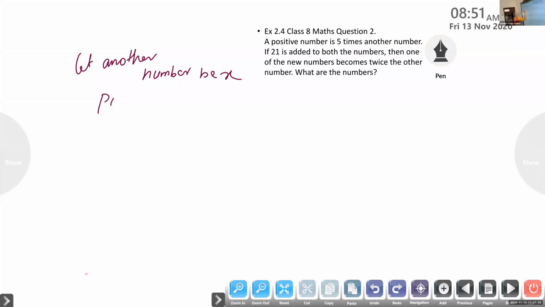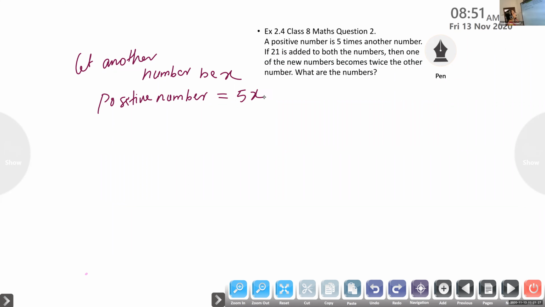Then the positive number is, if another number is x, the positive number is 5x. So the positive number is 5x.